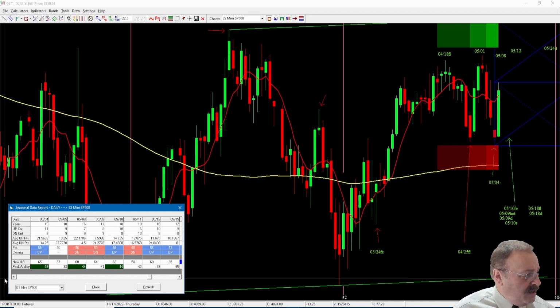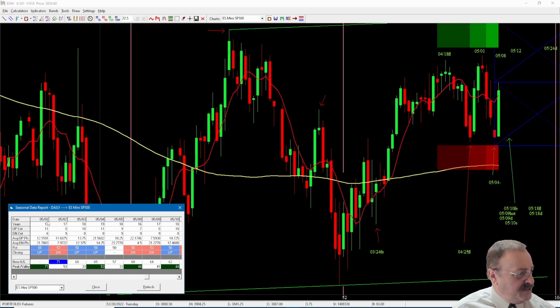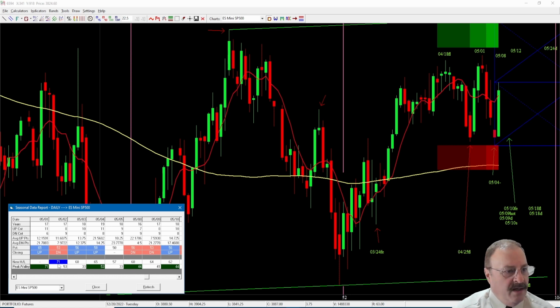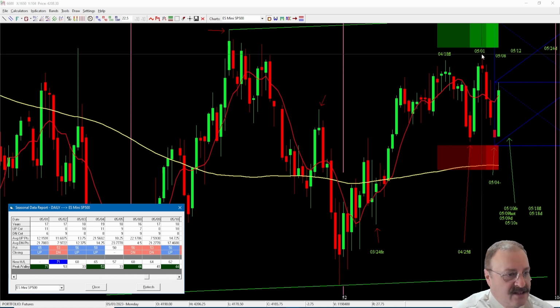If you look here, you'll see right here we got 5-1. See that? Well, take a look at here. It says peak valley, and it's darkened in. Peak valley means top for peak, swing top, valley, swing bottom. See this right here, 5-1? That's called the peak, at least in my terminology.